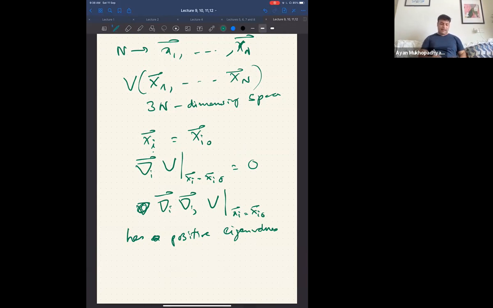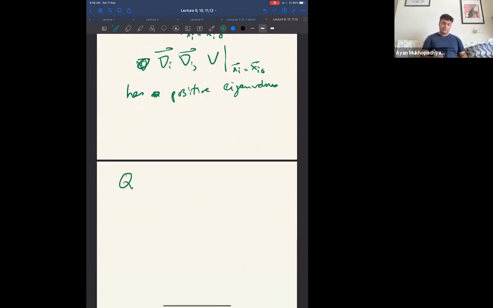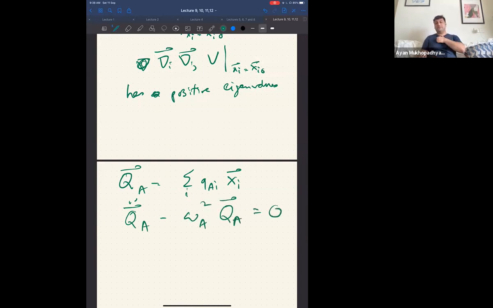And when you diagonalize this matrix, you get the normal modes. So there is some combination Q_a, which is simply some small q_a^i x_i, where you sum over all the particles. So these are the normal modes which satisfy these kinds of equations. This is always true. You can take any system, and if the system is stuck somewhere here in the minima, you can always write it as a sum of normal modes.